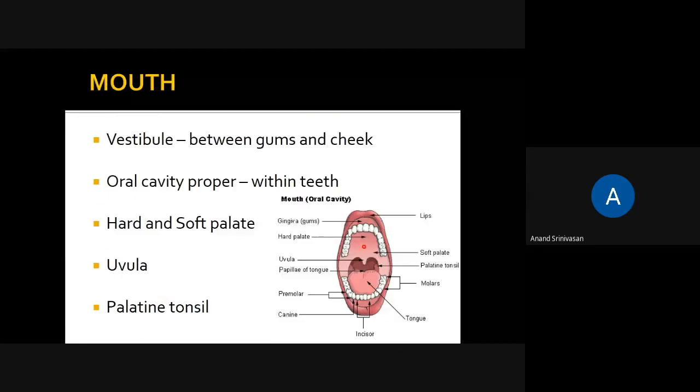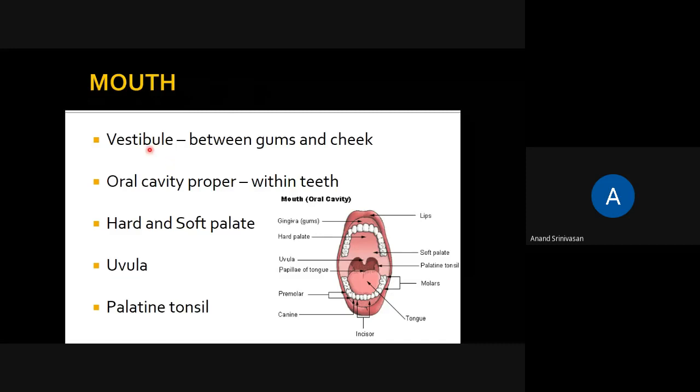Now let's see each one of them in detail. First, the oral cavity or the mouth. The mouth can be divided into two parts. The vestibule is the part between the gums and the cheeks. That is where we keep the brush when we brush.